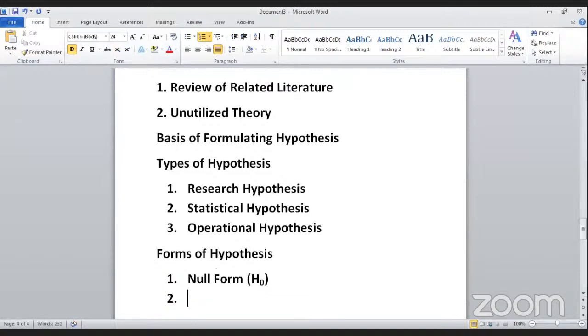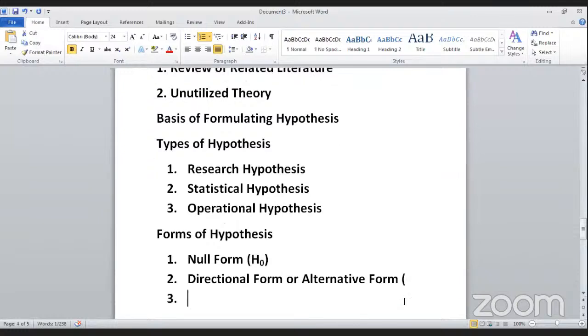And another is called directional form, or it is called alternative form. And this directional form or alternative form is represented by H1.